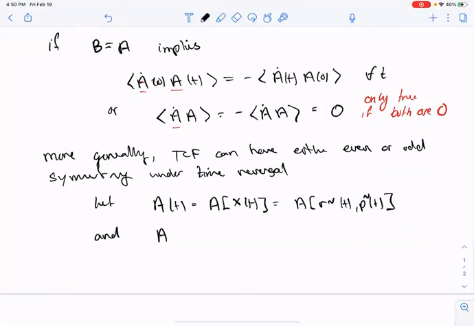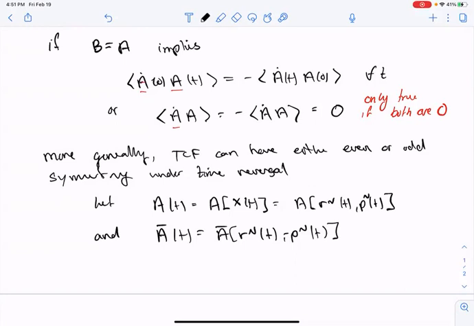I could ask for the time reversal of that operator, call it A bar, which means that I look at the time reverse of variables that are odd under time reversal, things like the momentum. If I turn the momentum around, as a time derivative of the position, there's an explicit anti-symmetry in time of the momentum.